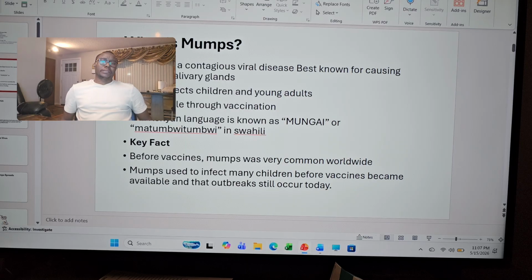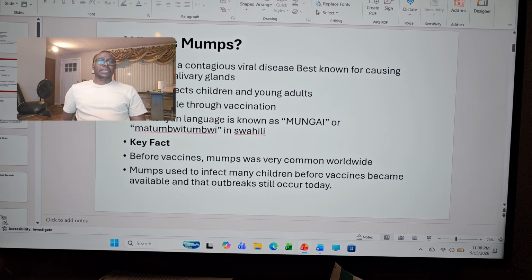We'll ask ourselves, what is mumps? Mumps is a contagious viral disease, best known for causing swelling in the salivary gland. Mainly it affects children and young adults.